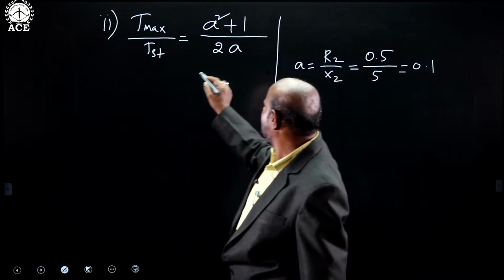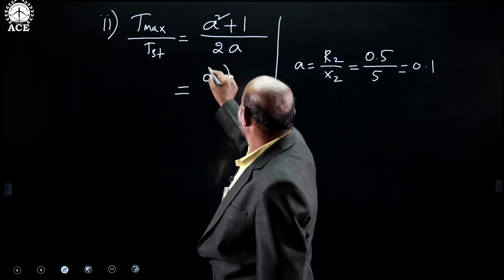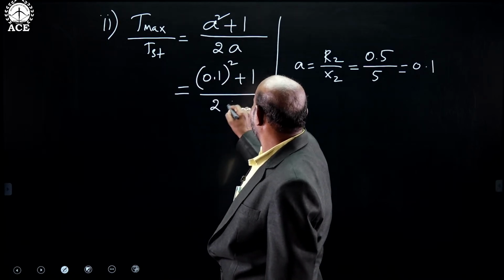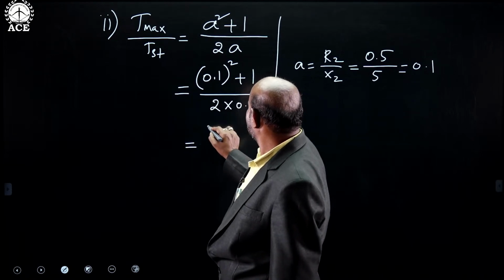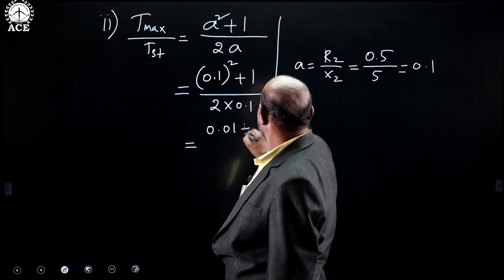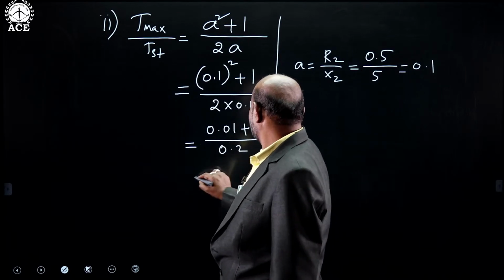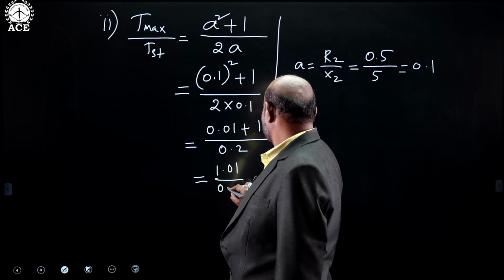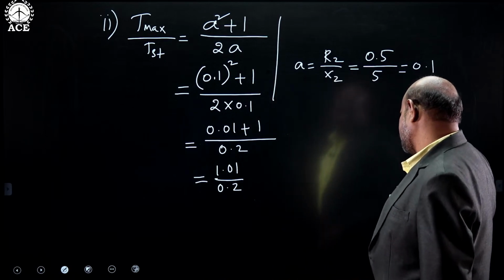Right, substitute here: 0.1 whole square plus 1 by 2 into 0.1. So 1.01 divided by 0.2 comes to what value?